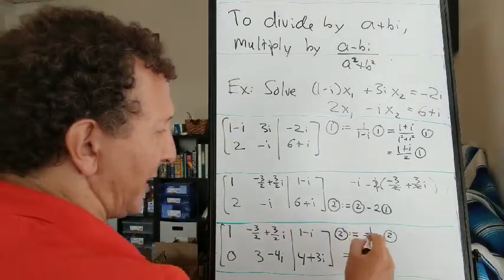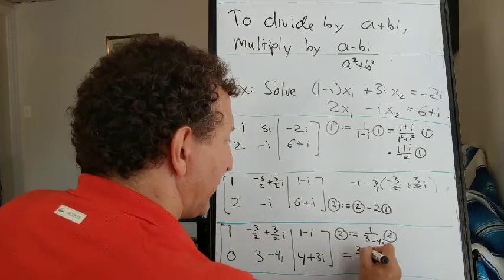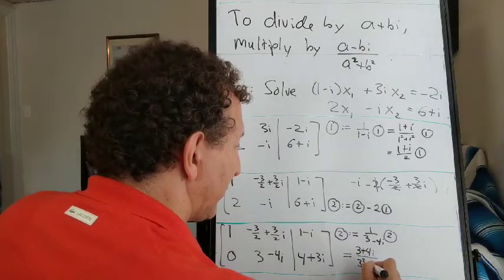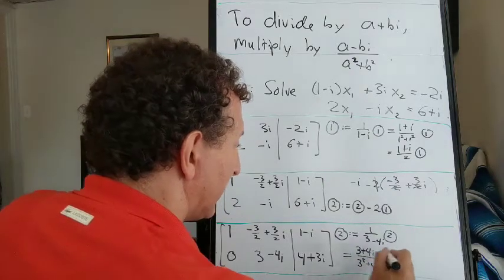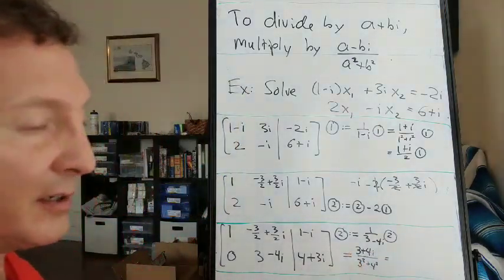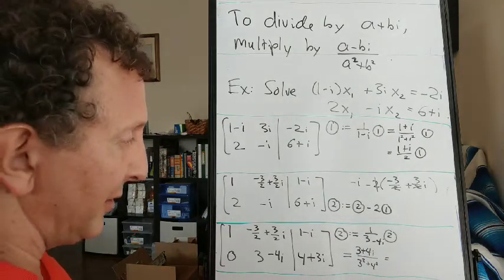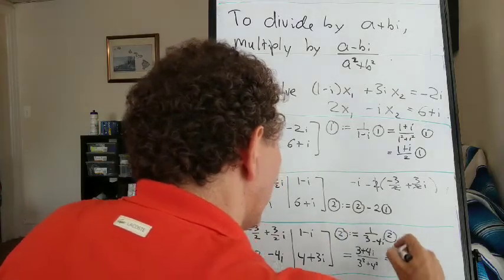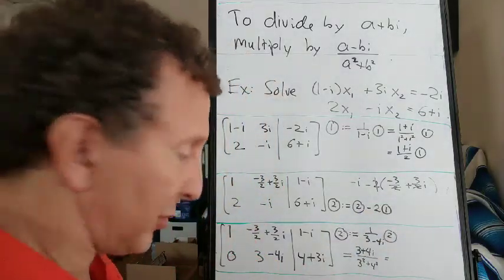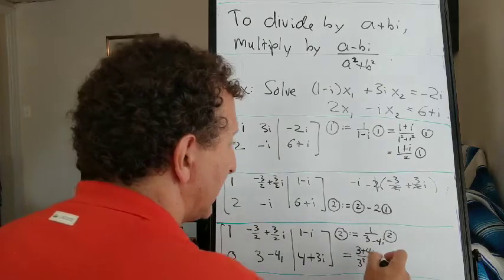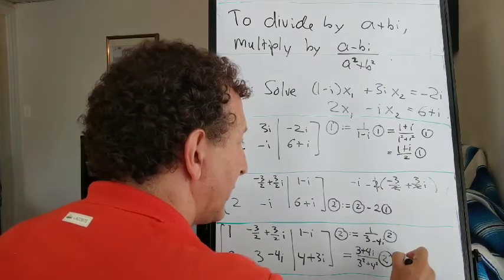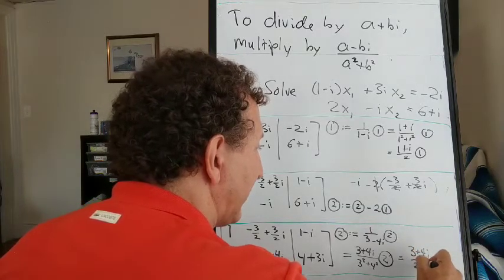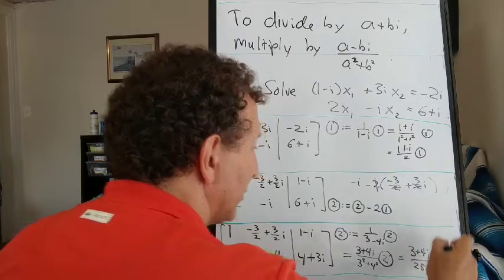Now dividing by 3 minus 4i is the same as multiplying by 3 plus 4i divided by 3 squared plus 4 squared. 9 and 16 is 25, so that turns out to be 25 on the bottom. So row 2 becomes 3 plus 4i over 25 times row 2.